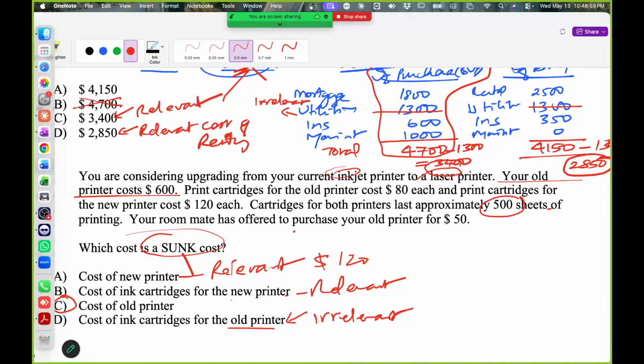And your roommate has offered to purchase your old printer by paying 50. This is relevant, this is another option. What you get, 50, is relevant. What you pay, 120, is relevant. Basically, net you pay 70.